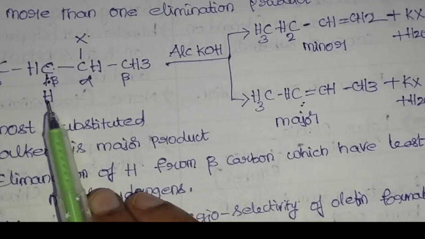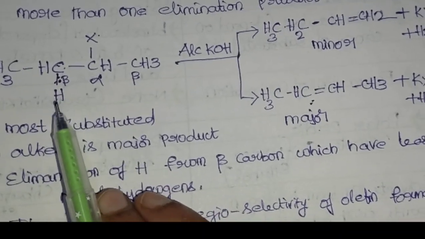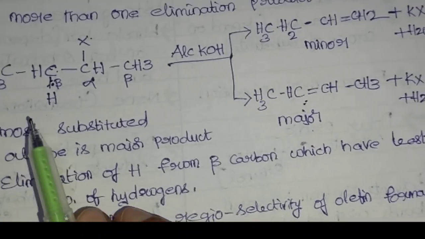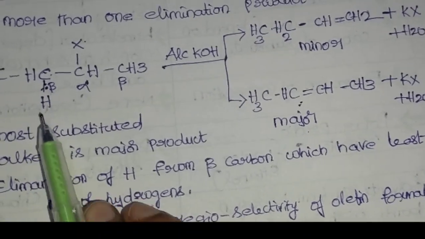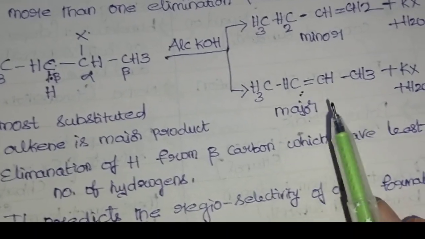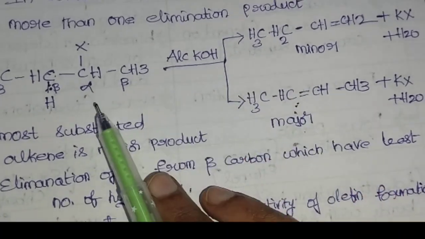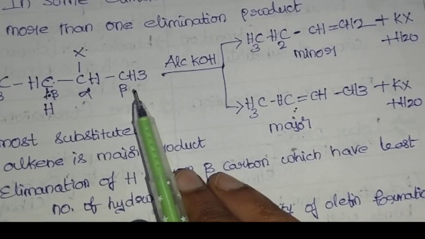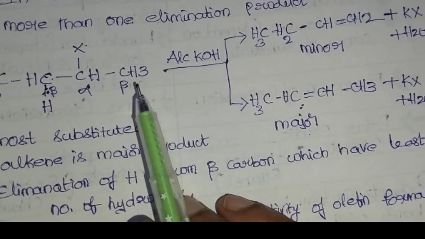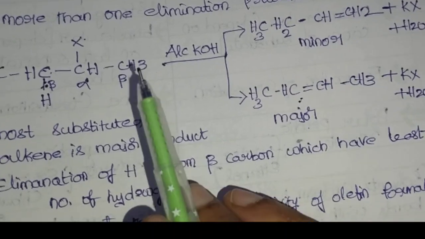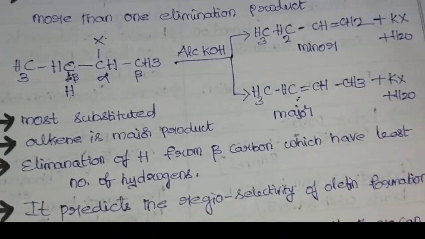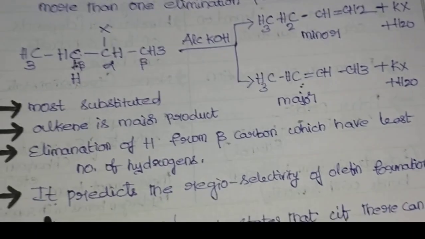When the proton is eliminated from the beta carbon containing the least number of hydrogens, it is the major product, the most substituted product. And when the proton is removed from the beta carbon which has more hydrogens, it is the minor form, or least substituted product. So we'll get 2 products, major and minor.